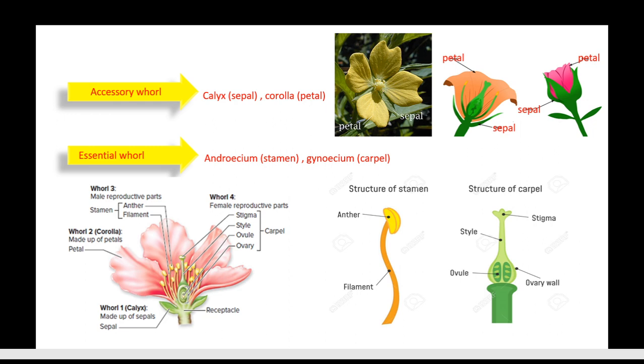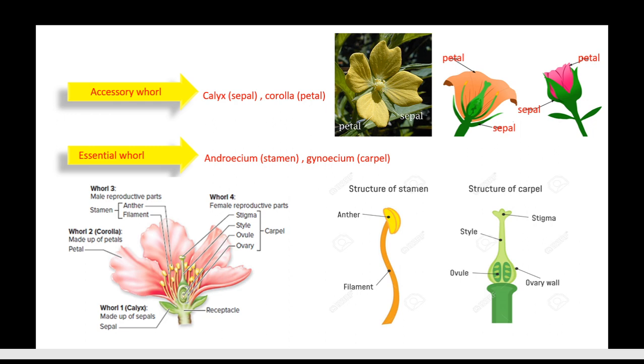The filament of the stamen is extended in between the two anther lobes, and this is called the connective. So structurally there are three parts in a stamen or microsporophyll: one is anther, second one is connective, and third one is the filament.